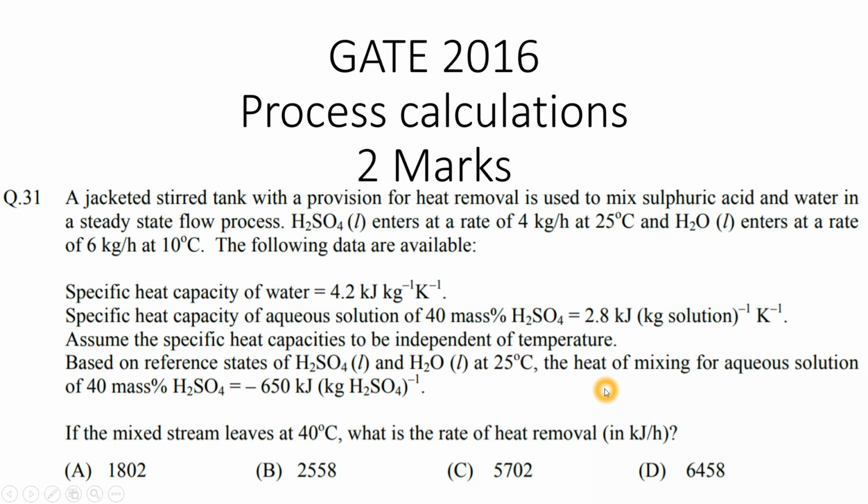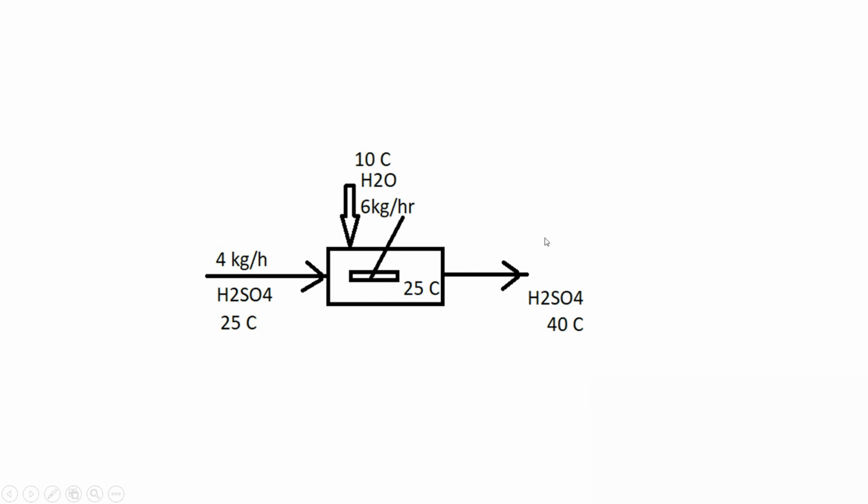If the mix, what is the situation? You can see here, this is the scenario of the question. We are adding H2O continuously at 10 degrees centigrade, 6 kg per hour, right? 4 kg per hour H2SO4 is entering at 25 degrees centigrade, and you can see here the heat of reaction is given at 25 degrees centigrade.